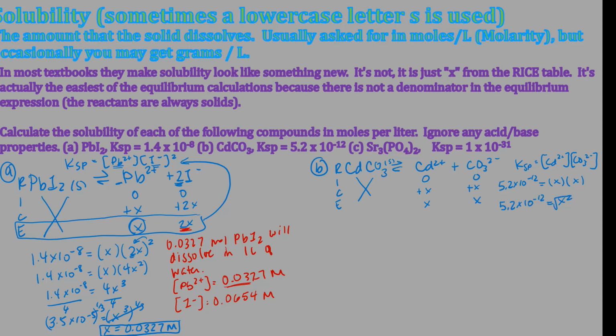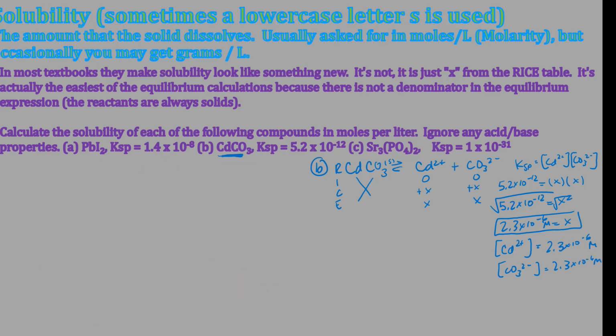If I take the square root, I find that my solubility is going to be 2.3 times 10 to the negative 6. So 2.3 times 10 to the negative 6 moles of cadmium carbonate will dissolve in 1 liter, which means in a saturated solution, I would have 2.3 times 10 to the negative 6 molar cadmium, and I would also have 2.3 times 10 to the negative 6 molar carbonate.